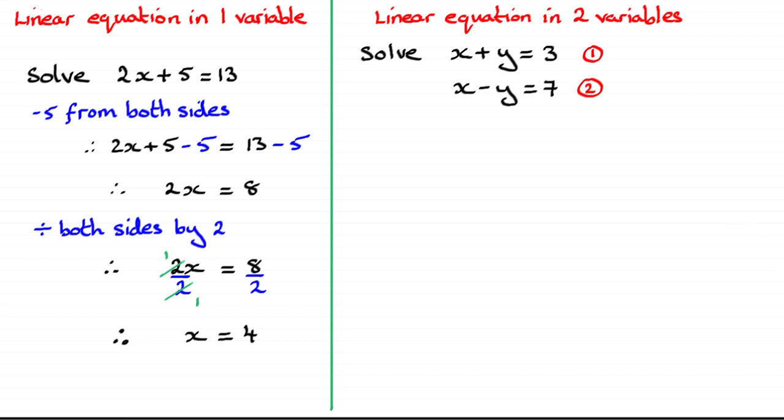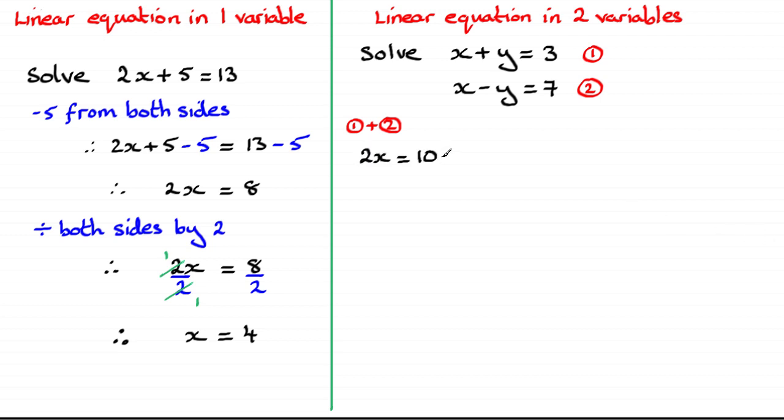So if we were to add the two equations, 1 add 2, we would get x plus x, which would give us 2x. The y's would cancel because plus y plus another negative y goes to 0, and we'd have 3 add 7, which gives us 10. So if we do add that, we end up with 2x equals 10.